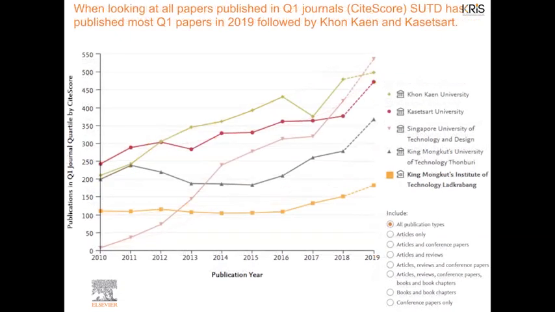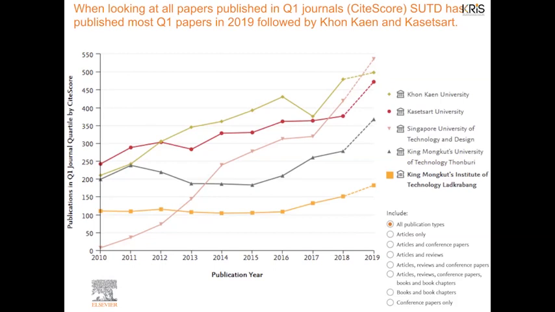If we look at all papers published in top quartile journals, here I used CiteScore, so we're looking at the number of papers published in the top 25% highest quality journals. What stands out is that in 2019 the Singapore University of Technology and Design published the most papers in top quality journals.